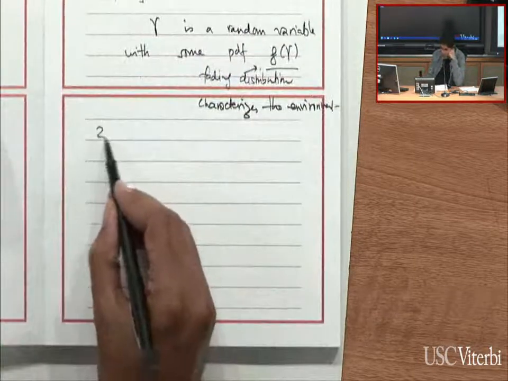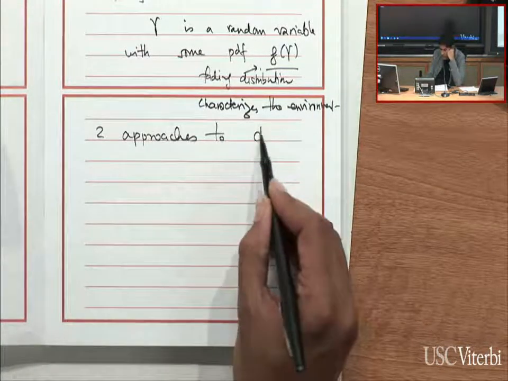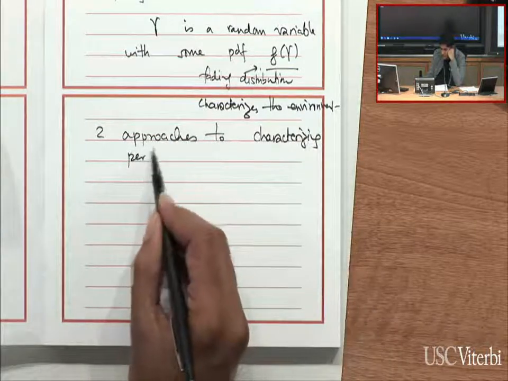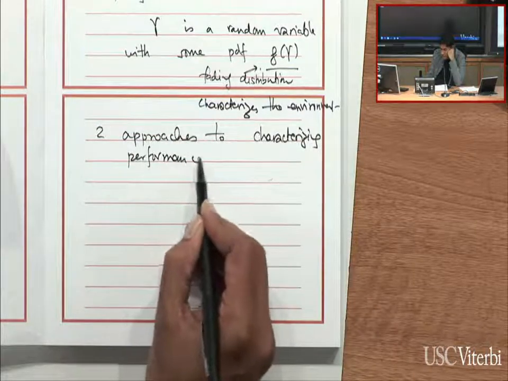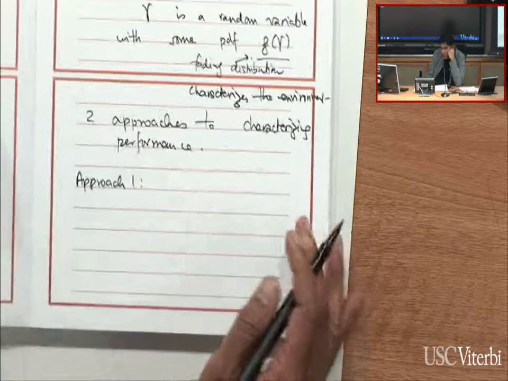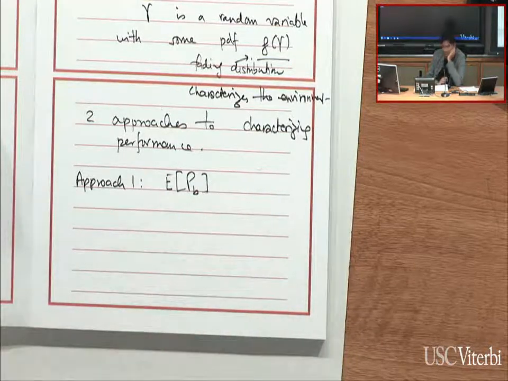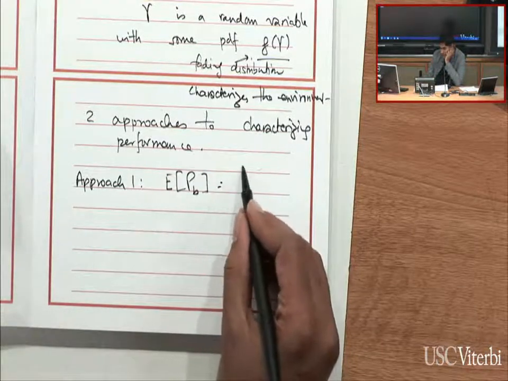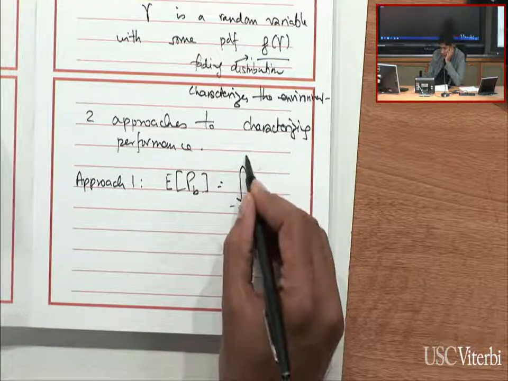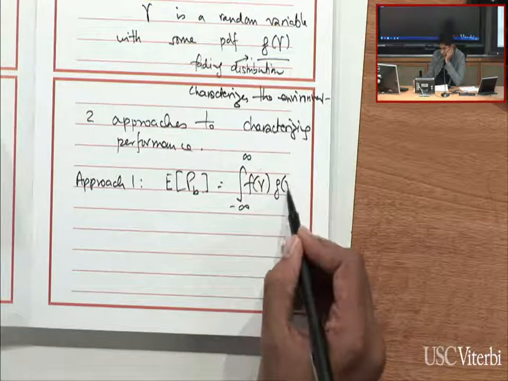So we said there are two approaches to characterizing performance. Approach one is to compute the expected probability of bit error. And this, we said, is simply integrating your function over that distribution that you have.